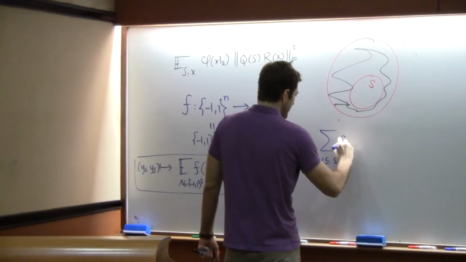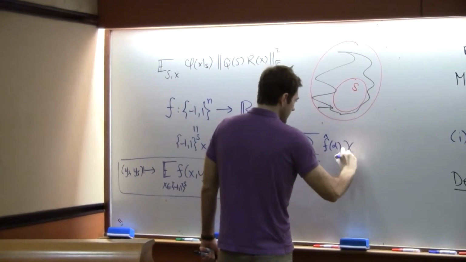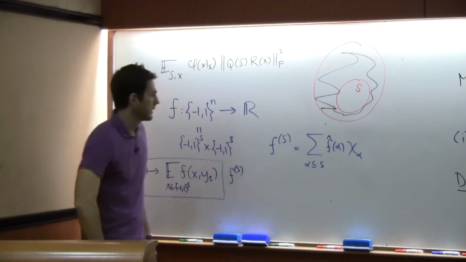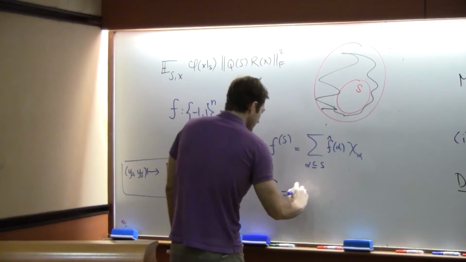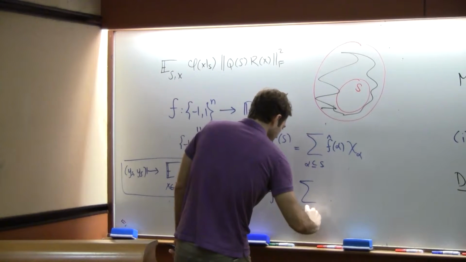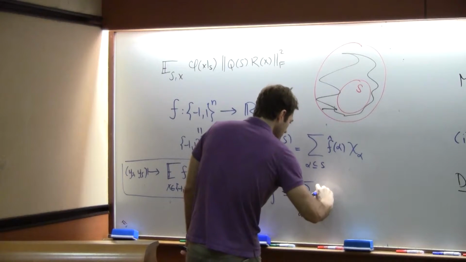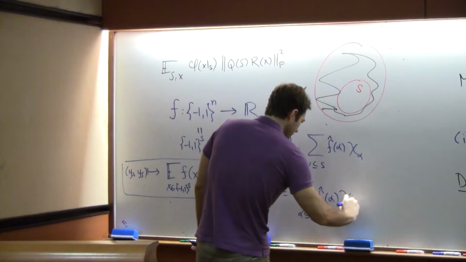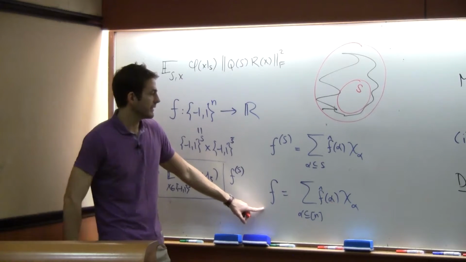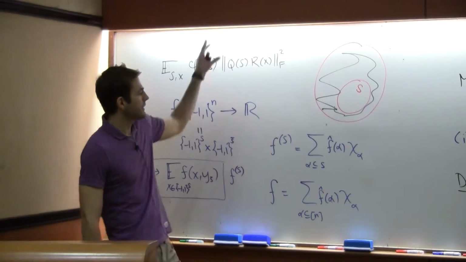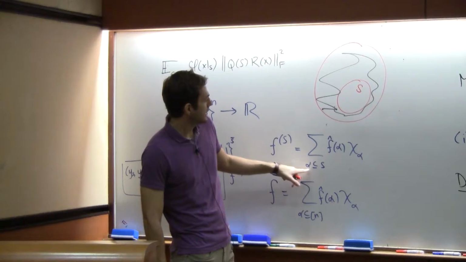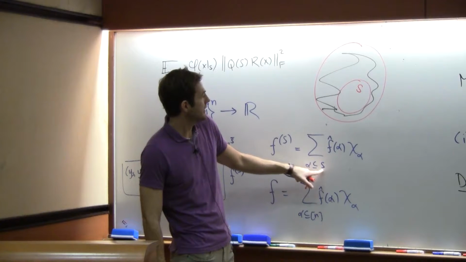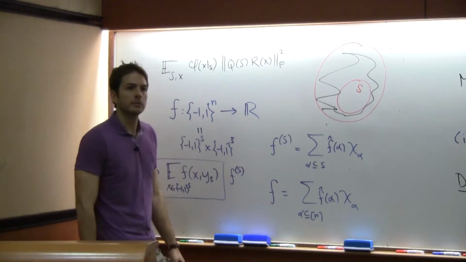So in the Fourier basis, the chi_alphas are the basis elements. I'll just remind you what f looks like in the Fourier basis so that you can compare the two. The claim is that when we average over everything outside of S, every term where the set is not contained inside S becomes 0.